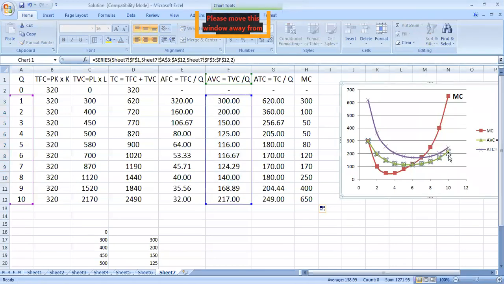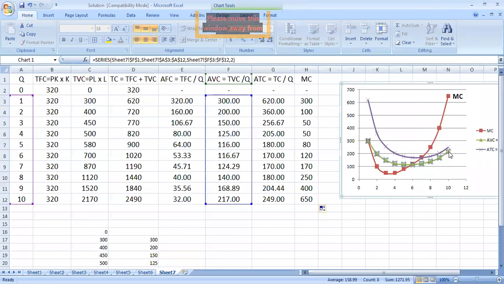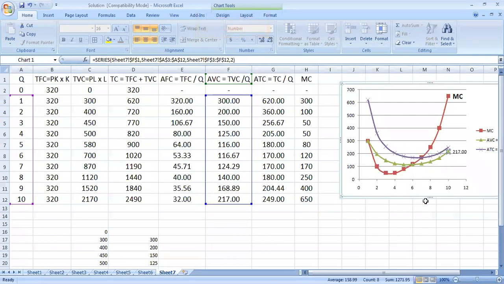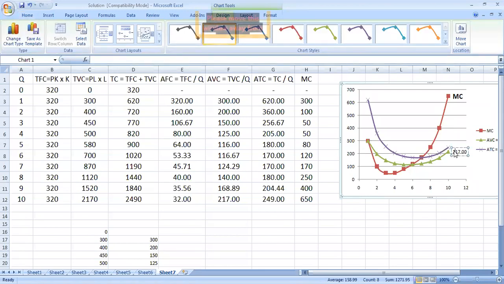The green shaded curve is showing average variable cost. If you relate it with the English letter U, you could come to know that average variable cost is in the shape of U, right?